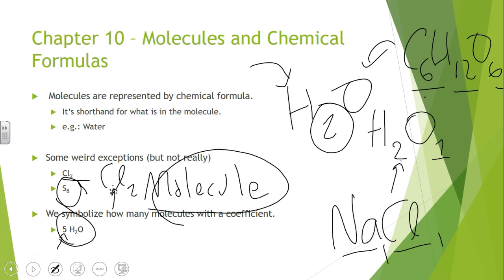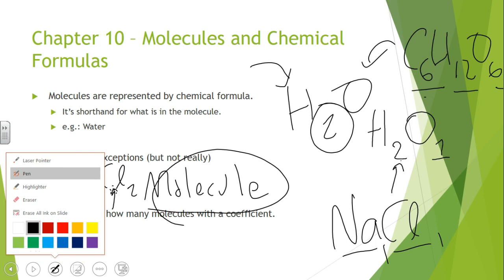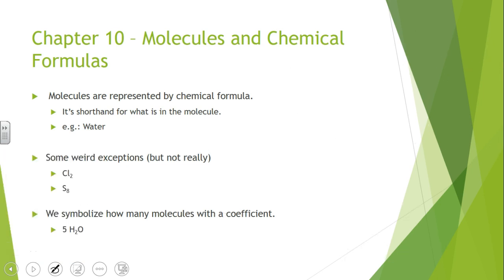So let me erase all this ink. Say we have sodium chloride, but we're going to do something with 6 sodium chloride molecules. We're going to put a 6 out there.